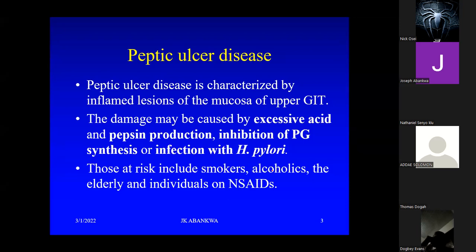Cyclooxygenase 2 produces prostaglandin E, whilst COX-1 produces inflammation. So when you take an NSAID, it is to help reduce inflammation. But in trying to reduce this inflammation, you end up blocking COX-2. The COX-2 enzyme helps with the production of mucus aside from inflammation.